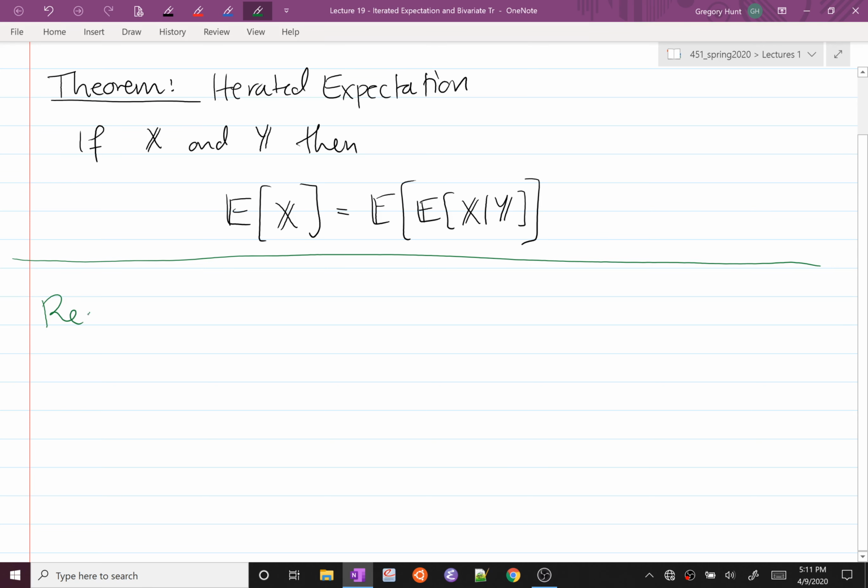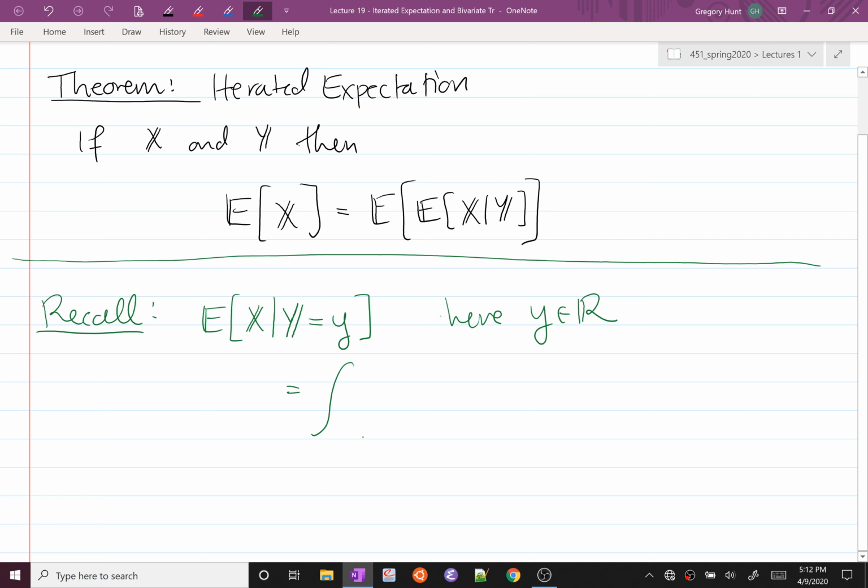Recall that up to this point, we've looked at, say, the expected value of a random variable X given another random variable Y is equal to some value little y. Here, this little y is just some number, and X and Y are our random variables. And we had a definition for this.